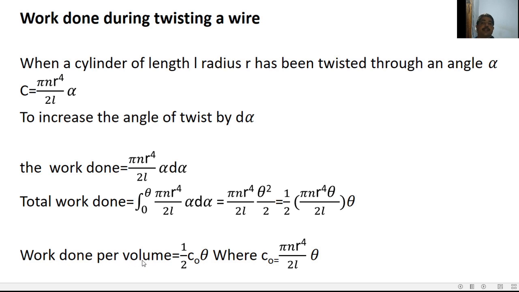Therefore, work done is equal to half into C naught into theta, where C naught is pi eta r to the power 4 by 2L into theta. So this gives the work done during twisting a wire.